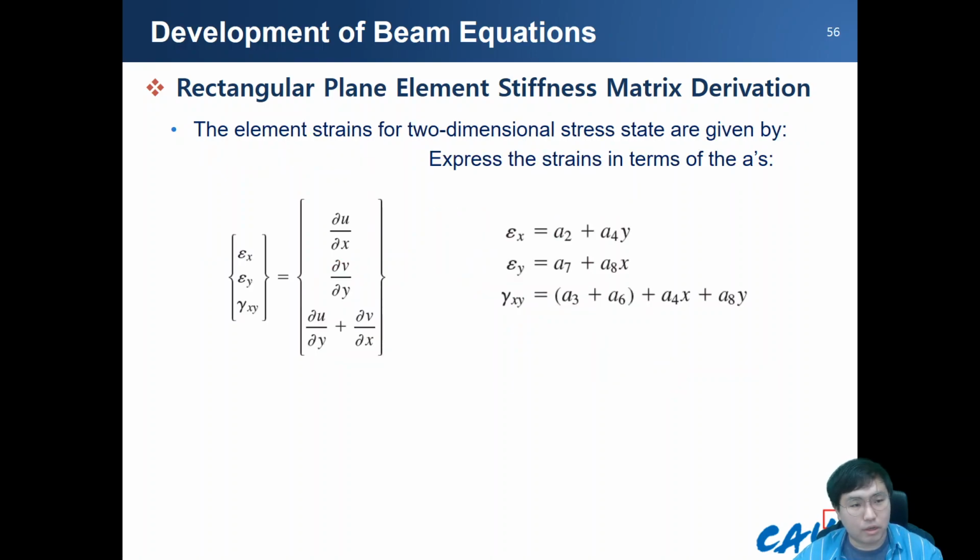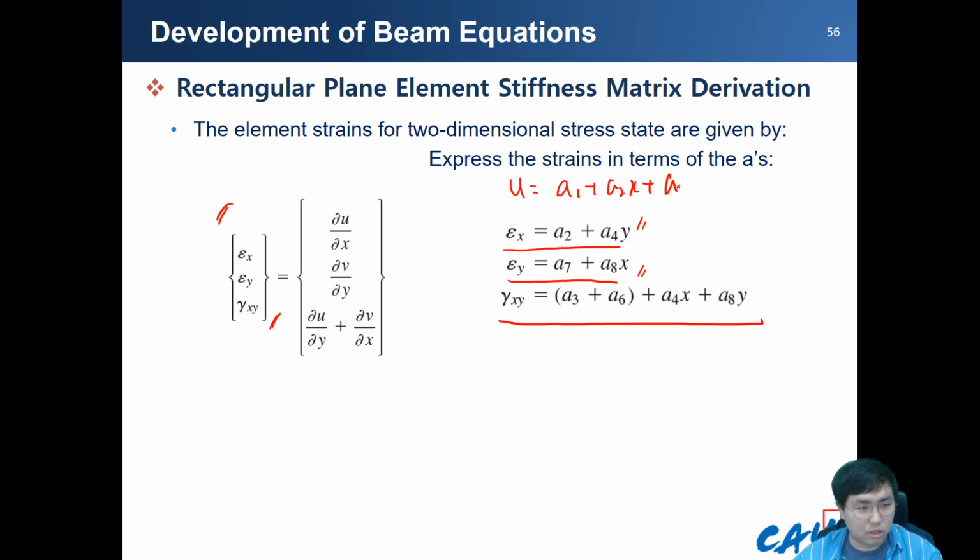Next, let's define the strain. Strain is a derivative of the displacement function, so we already know these things. Each strain field can be expressed as in the previous slide. u is a function of a1, a2x, a3y, and a4xy. Here, a2 and a4y only relate to the x independent variable.